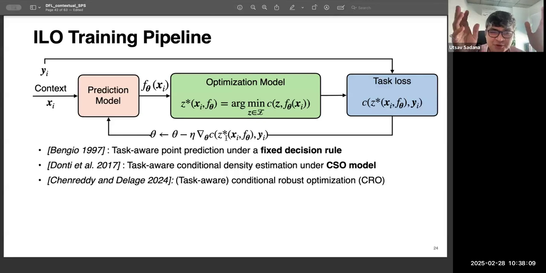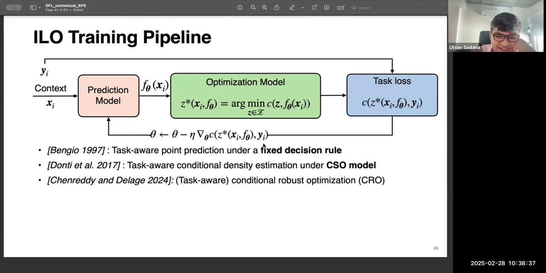So the first paper to learn decisions based on this task-aware model was by Yoshua Bengio. They used a fixed decision rule and they considered point predictors. That is, they were looking at mean estimation instead of conditional density estimation. Later on, Donti and others learned conditional density estimators using this training pipeline.